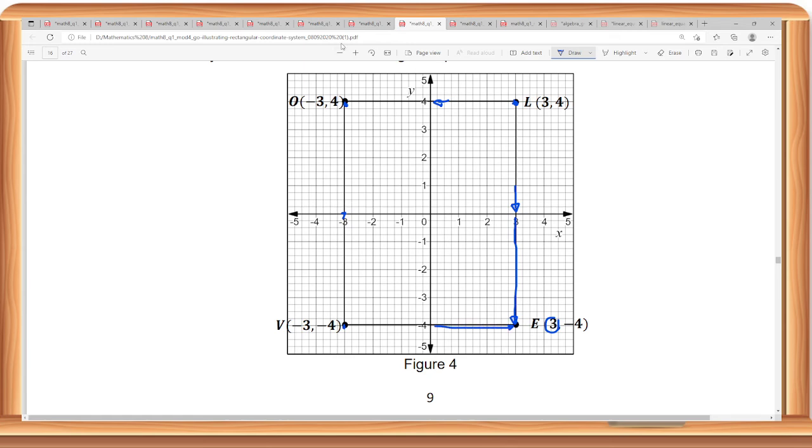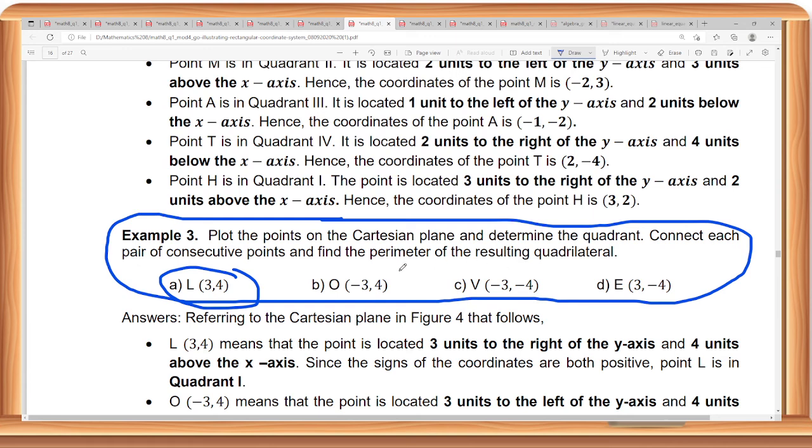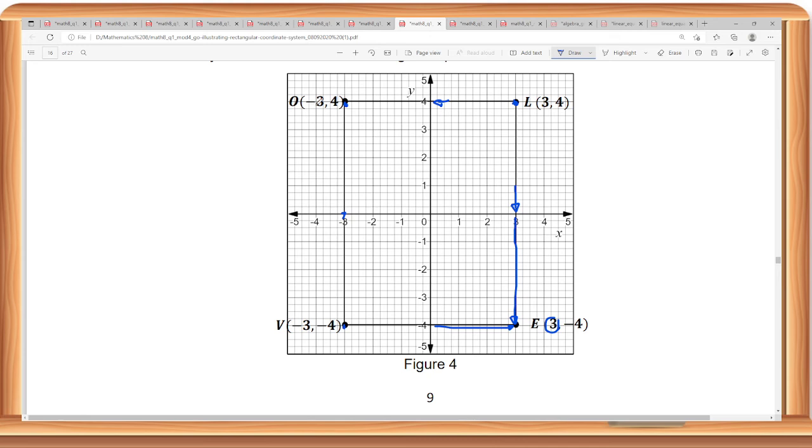As you can see, it says here you have to find the perimeter of the quadrilateral. If we connect them, we're going to have quadrilateral LOVE. So what is the formula for perimeter? This is a rectangle, obviously.